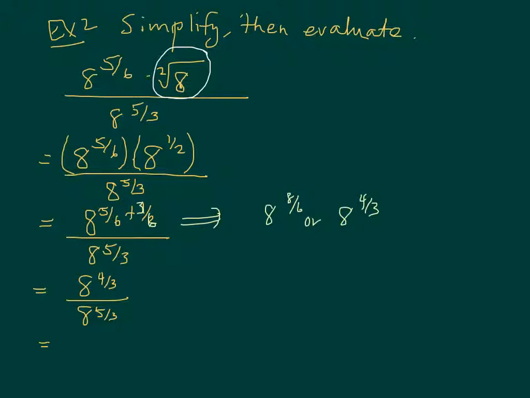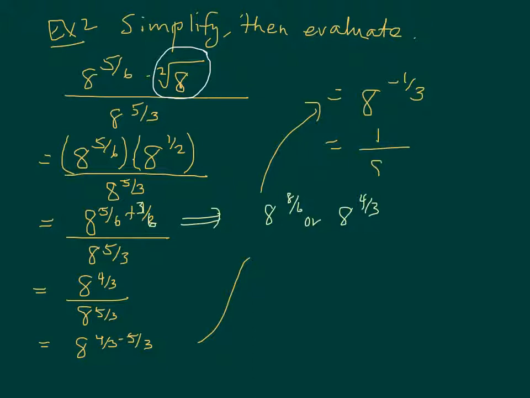Our other rule that we had for dealing with simplification of powers was when we have two powers with the same base and they're divided, we would subtract exponents. So 4/3 minus 5/3, we're going to get 8 to the negative 1/3, and then from here we could try to rewrite it so that we no longer have a negative exponent, 1/8 to the positive 1/3, or 1 over the cubed root of 8, which is just 1/2.